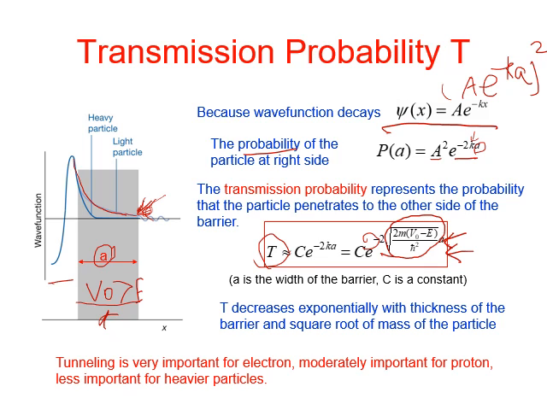So the thinner the wall, the more probable the electron will go out. Also, again because of the negative sign, the smaller the mass of the particle, the more possibility the particle gets out of the box. Therefore, the tunneling effect is very important for small particles like electrons, moderately important for protons, and less important for heavier particles.